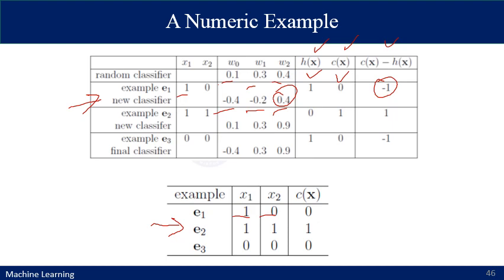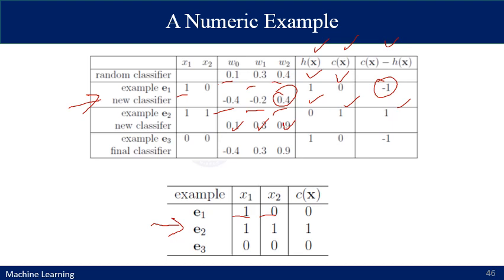And then you proceed with E2. Again, E2 is 1 1, therefore the prediction is 0 and the actual is 1. Again, there is a difference of 1, therefore weights should increase. So in this case, all of the weights are increased.